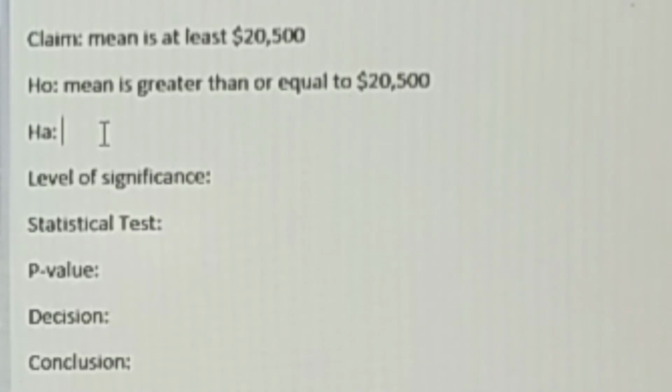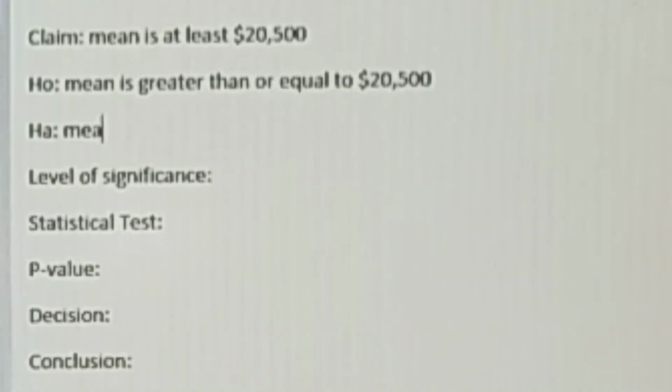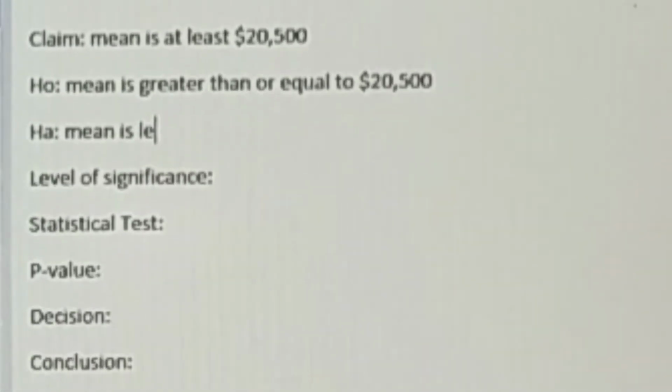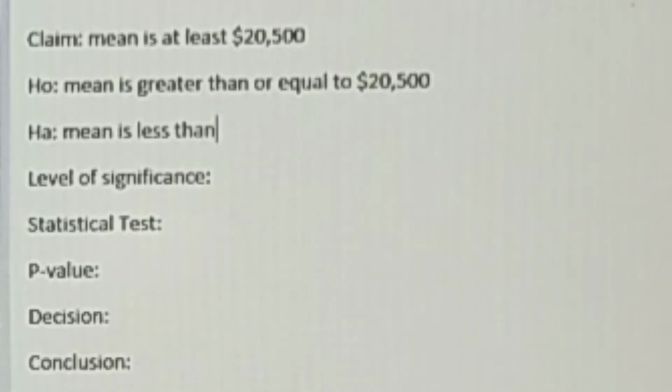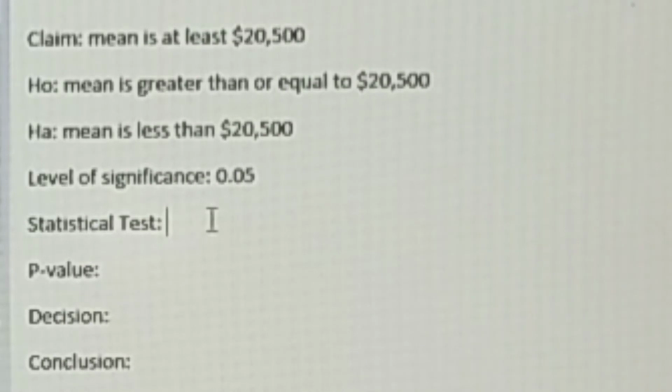What about HA? If our H0 is greater than or equal, our HA would be less than. So we write mean is less than $20,500. For the level of significance, we have 0.05 for the statistical test.